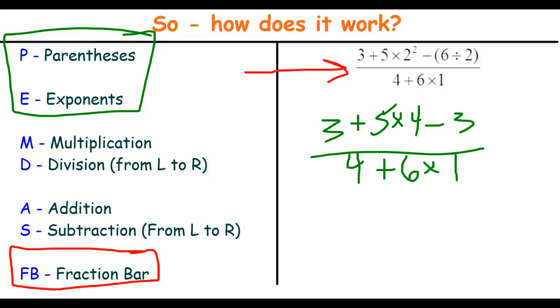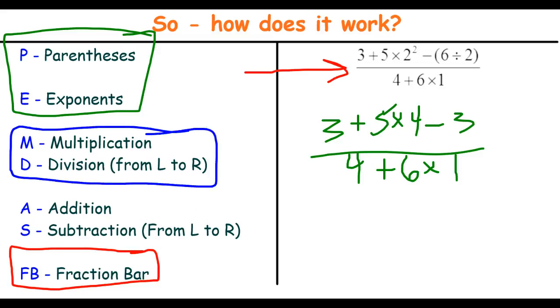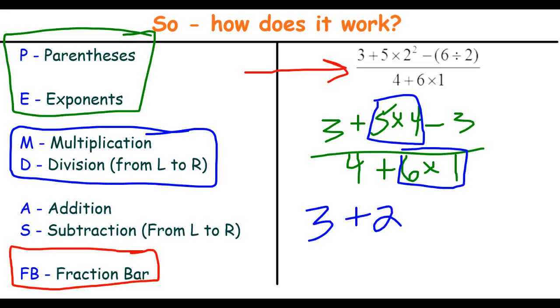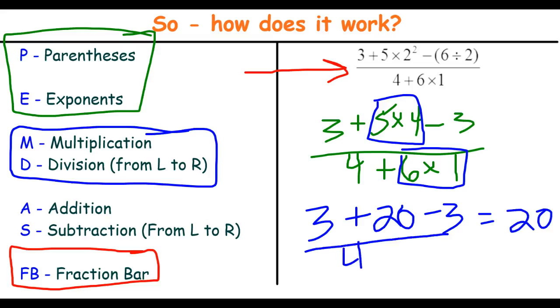Now again, we look at chunking or multiplication and division first, but these multiplications and divisions need to be simplified because they're quantities being added and subtracted around it. So that's 3 plus 20 minus 3, which ends up at 20. 4 plus 6, which ends up at 10.